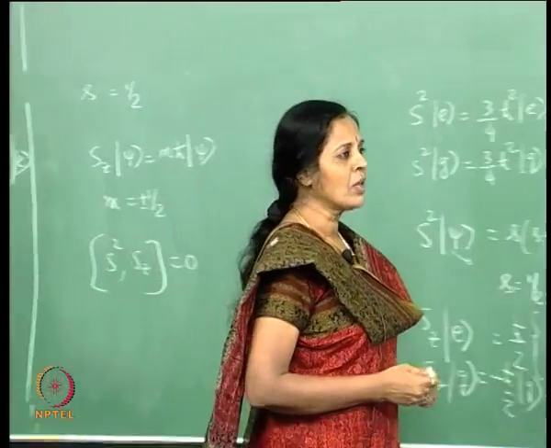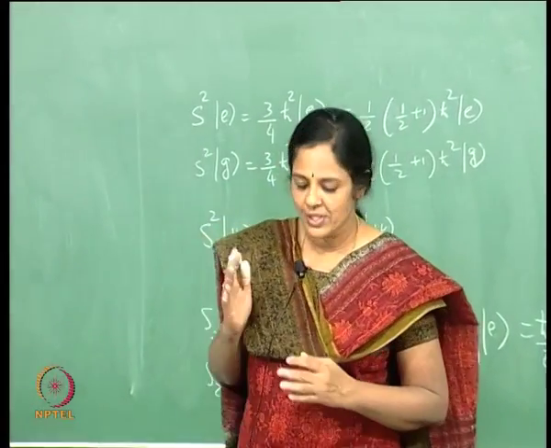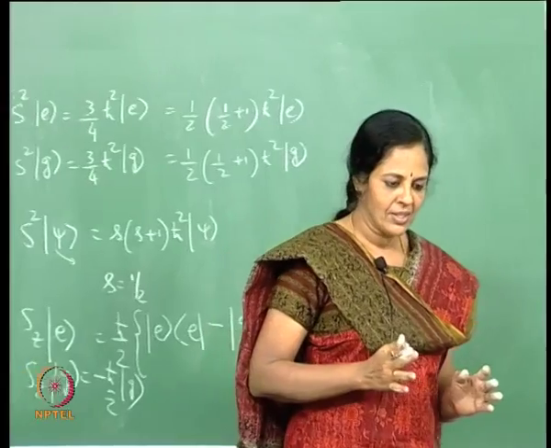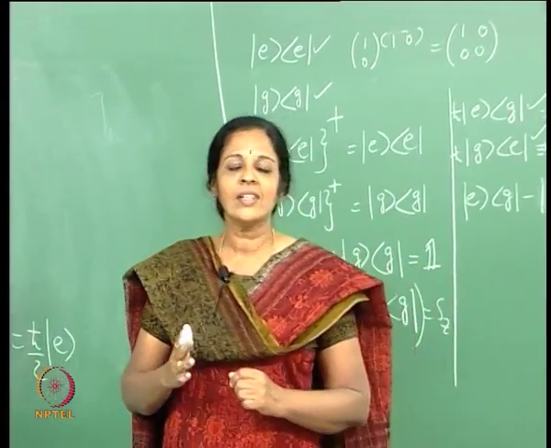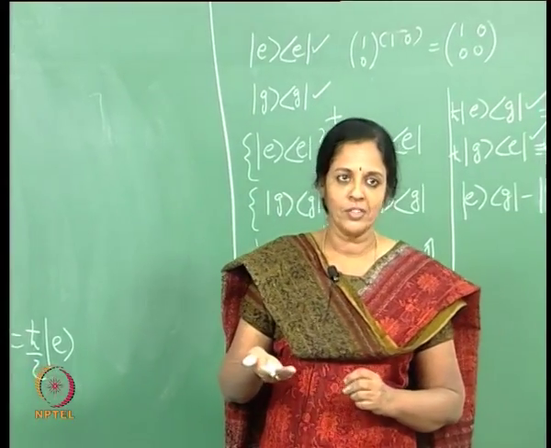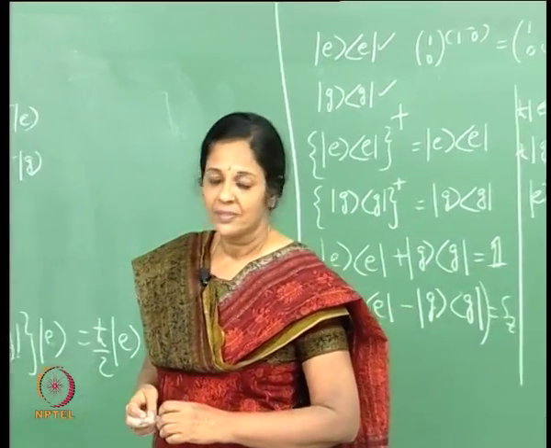Of course, you have to allow for human errors and for instrumentation errors, but having said that, you can get simultaneous values for little s and little m, the eigenvalues of S squared and Sz, accurately.